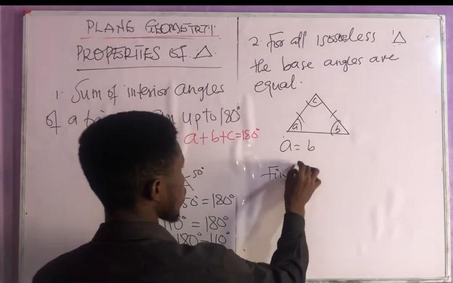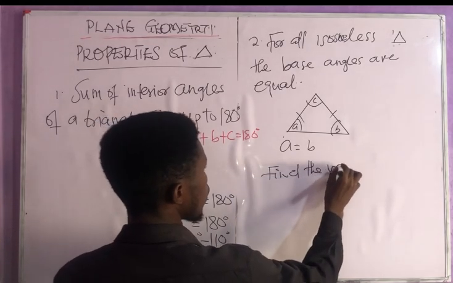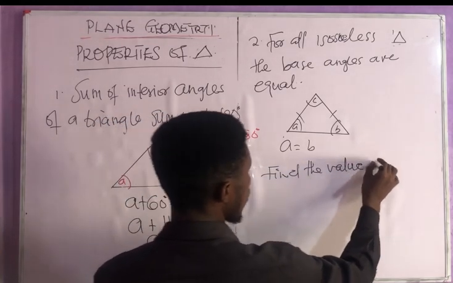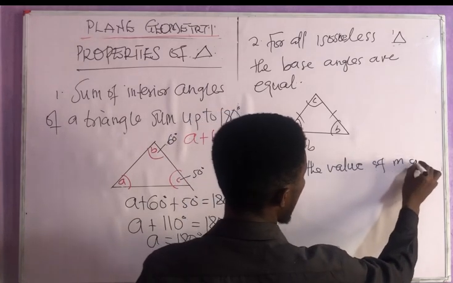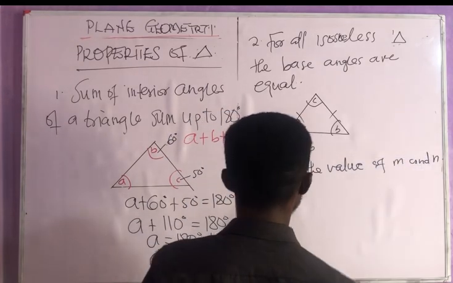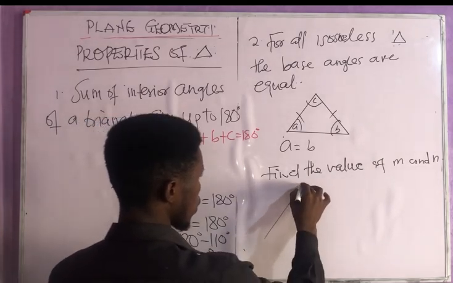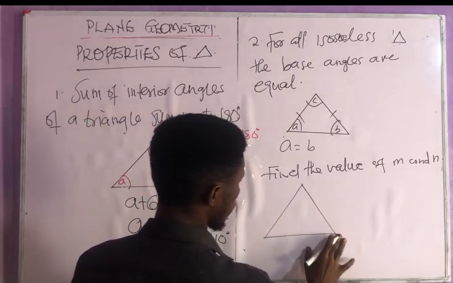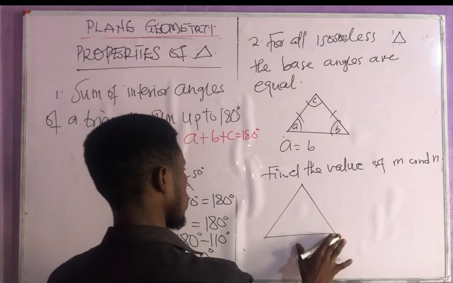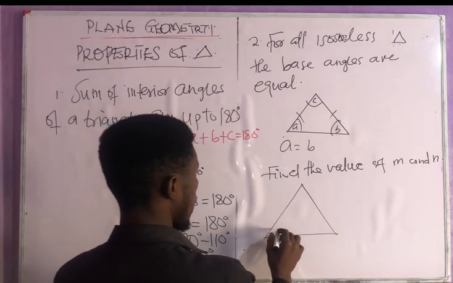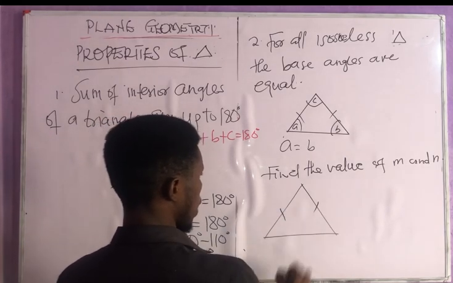Find the value of M and N, okay? So now let's take this triangle. I have, this is an isosceles triangle.